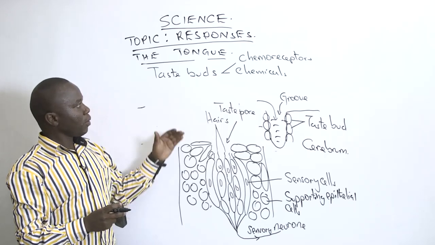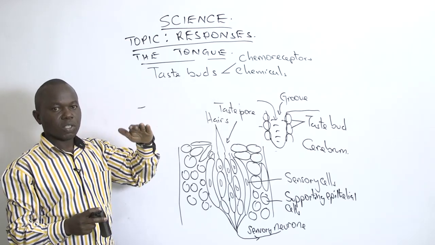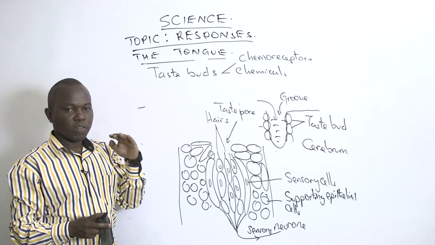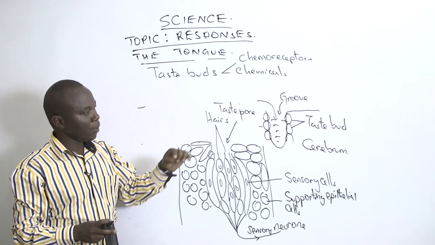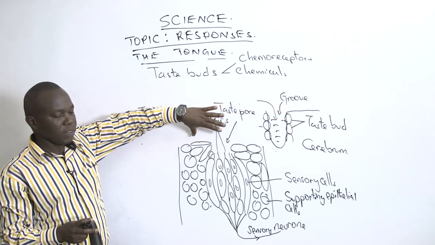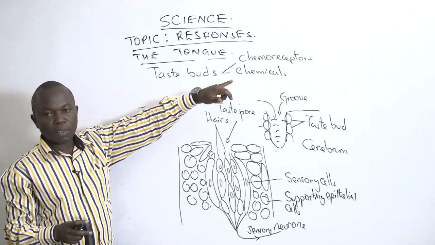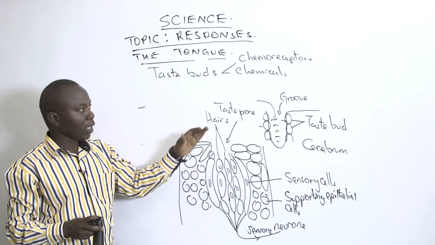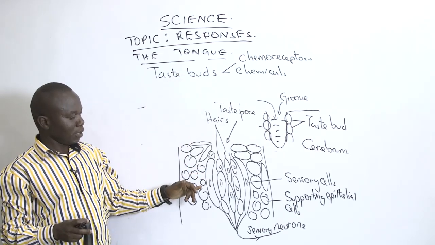So in a nutshell, we are saying taste buds are found in grooves. Those grooves are found on the surface of the upper part of the tongue. In those grooves, we have these cells, those chemoreceptors. This is the structure of the chemoreceptors, which are the taste buds.